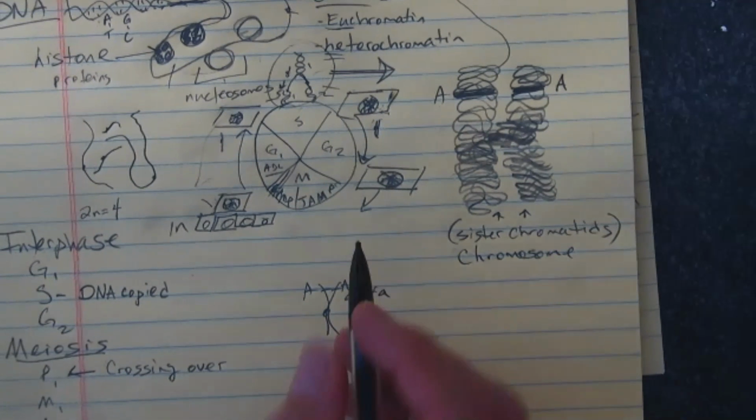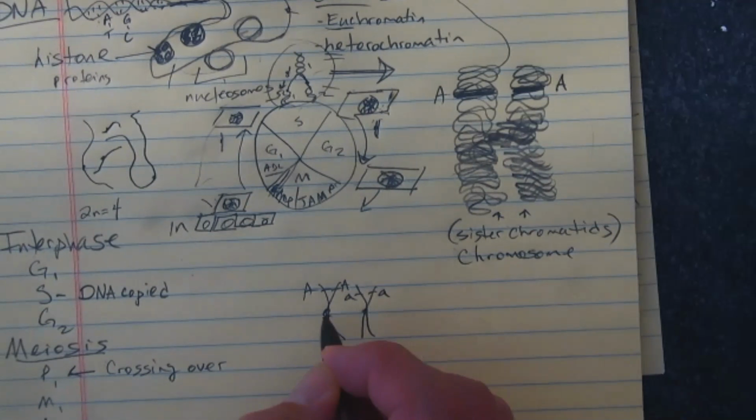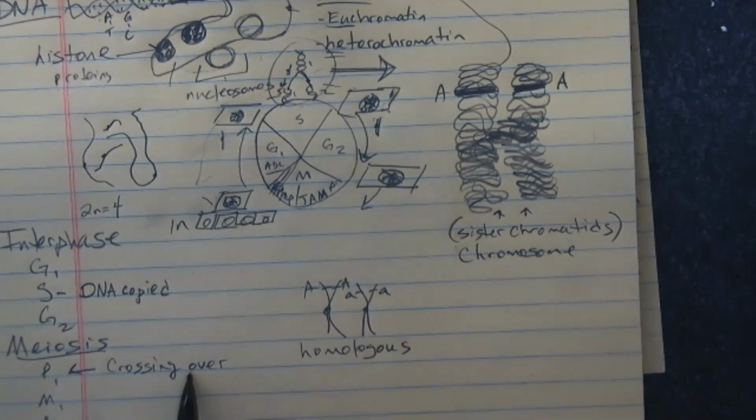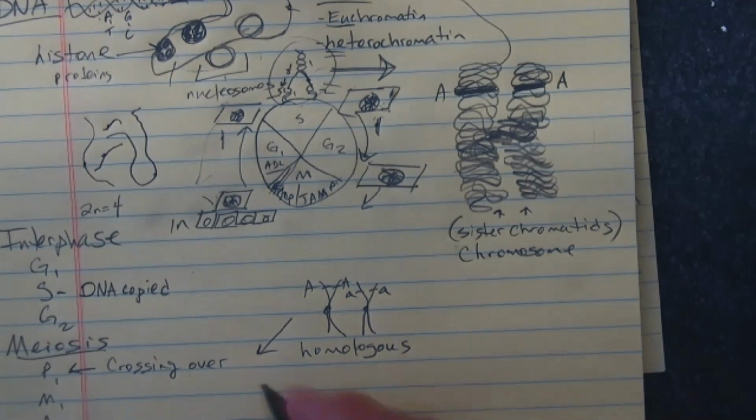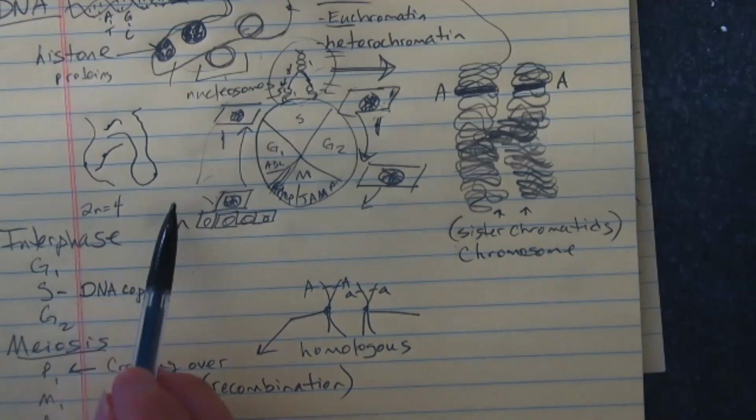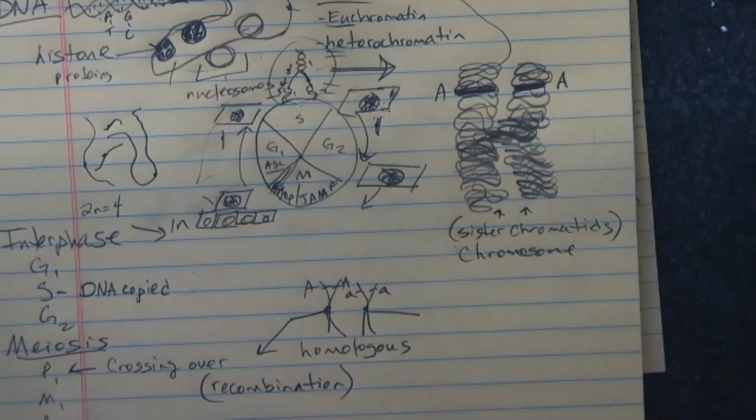And so in meiosis, these two homologous chromosomes, homologous because they code for the same trait, are able to cross over and exchange parts. That's a big deal. That's where we get recombination. And that's the power of sexual reproduction. New genotypes, recombination. We learned that, of course, reducing the chromosome number from diploid to haploid is important.